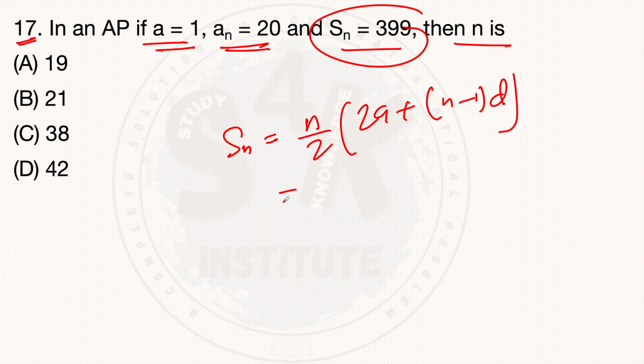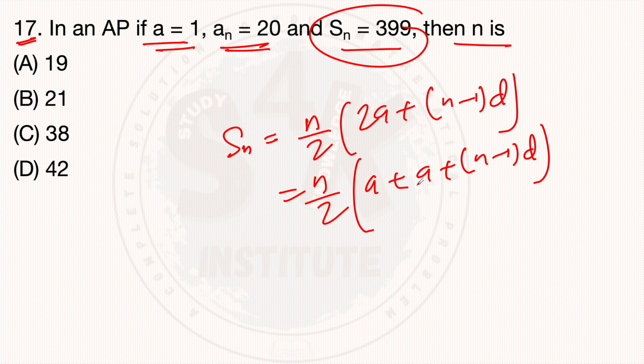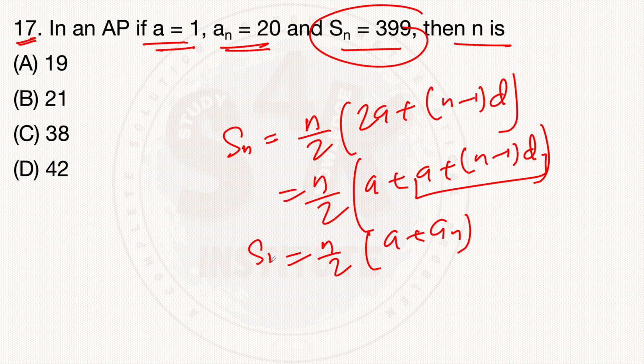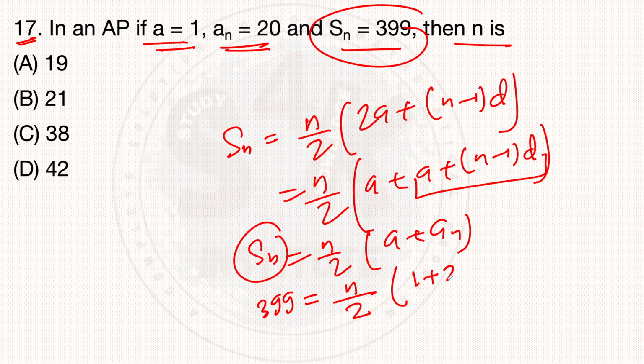This formula you know. Let's modify it. You can write a plus (n minus 1) into d, right? So this is nothing but an. So you can write Sn equal to n by 2 into (a plus an). Sn value you know, 399, n value you don't know, and a value and an value you know.